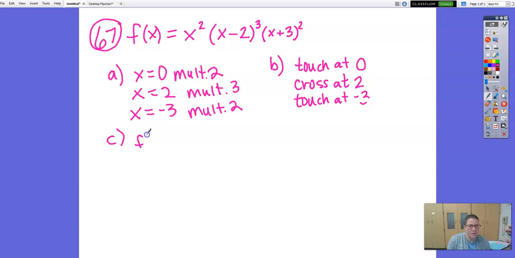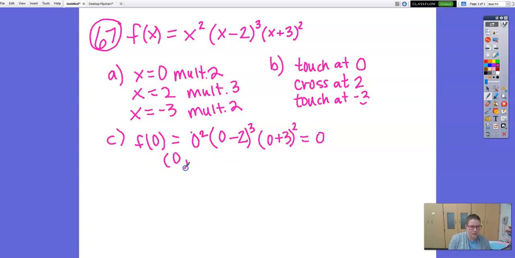So remember, to find the y-intercept, we plug 0 in for x, because anytime you have a point that is a y-intercept, x will be 0. So we plug in 0 for x: 0 squared, 0 minus 2 cubed, and 0 plus 3 squared. But right away, I should have known that when there's a 0 out front, if I multiply all of this by 0, it's going to equal 0. So it's going to cross the y-axis at (0, 0).